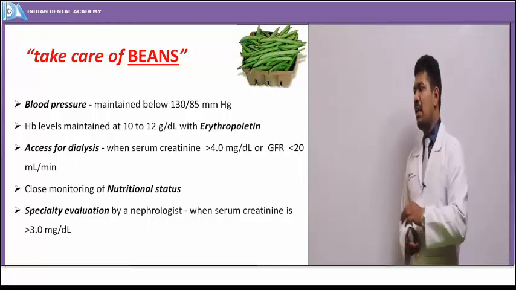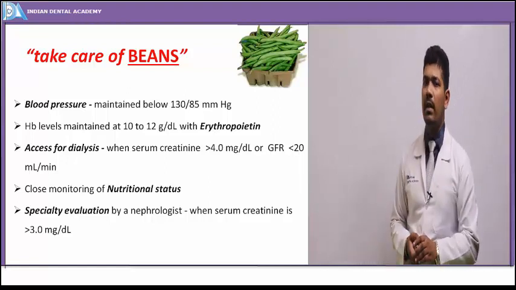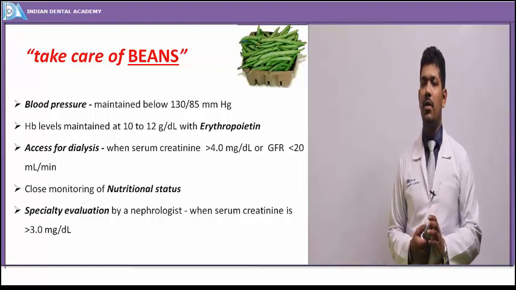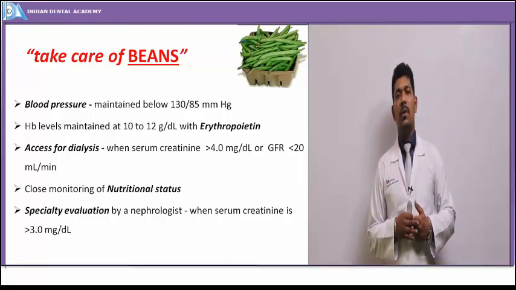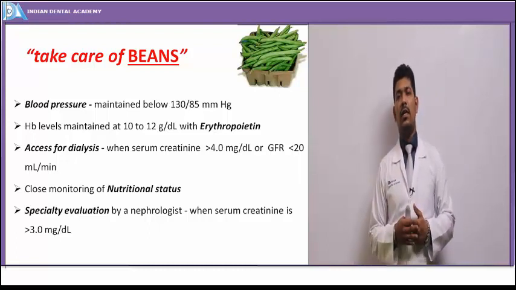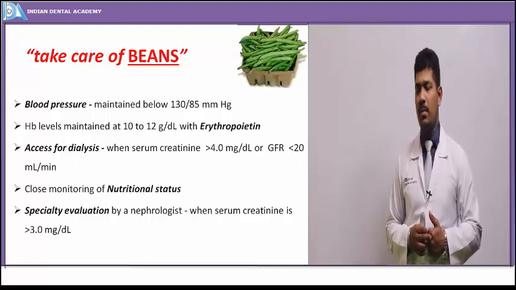The first B in BEANS stands for blood pressure, wherein it has to be maintained below 130 by 85 millimeters of mercury. Anything above that, which cannot be reduced by using medications or any other alternative therapies, the person is taken into a dialysis treatment.